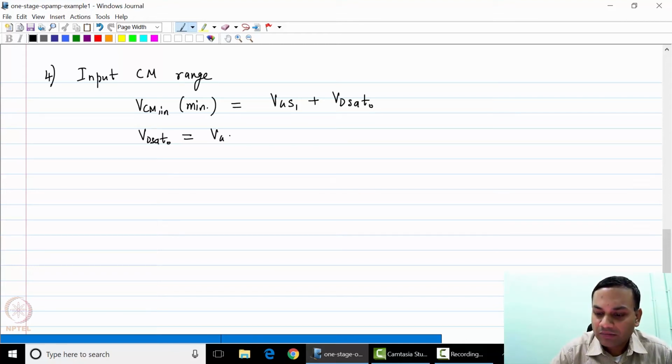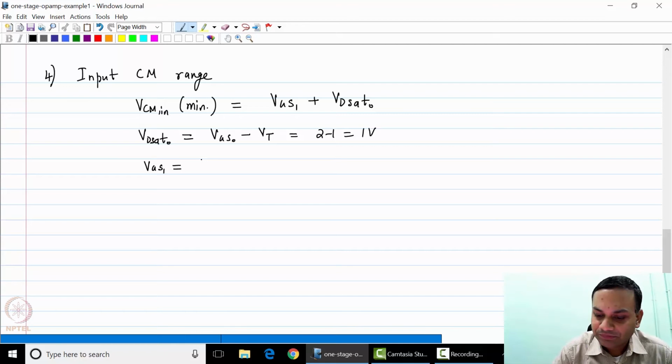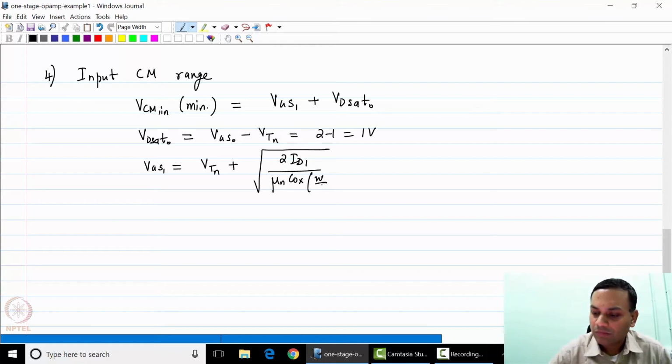Now VDSAT 0 is VGS0 minus VT, so this is 2 minus 1, this is 1 volt, and VGS1 is given by VTN plus root of 2ID1 over mu Cox W over L1.